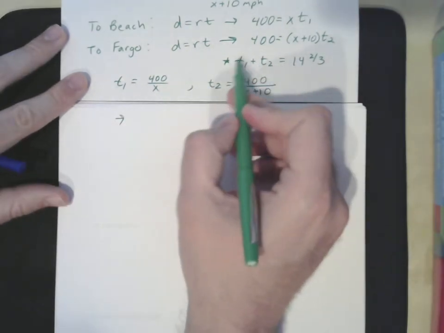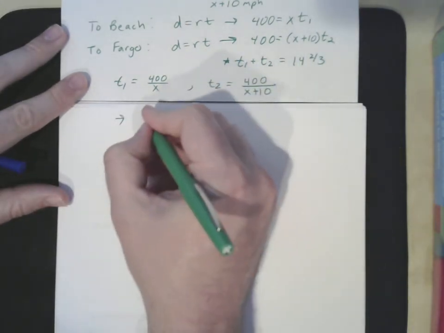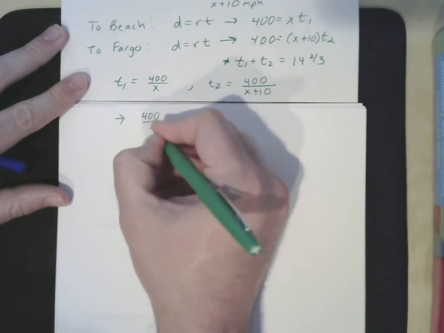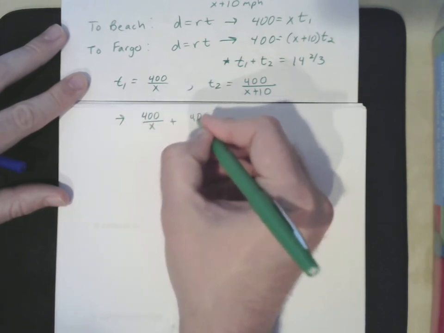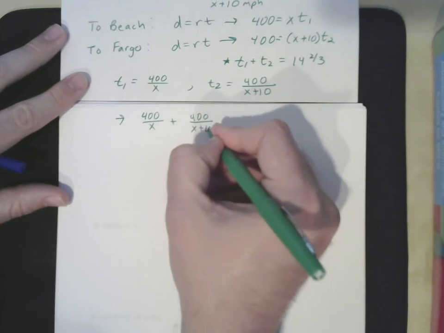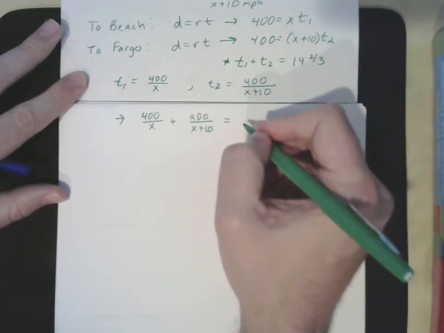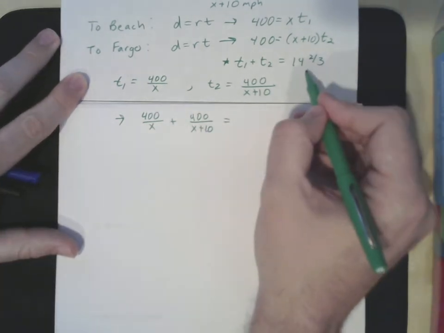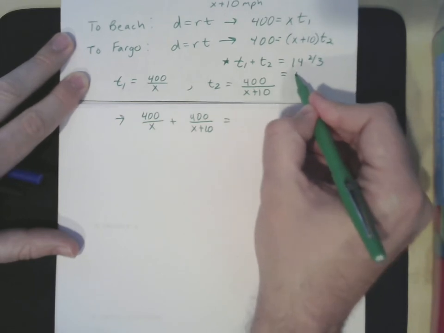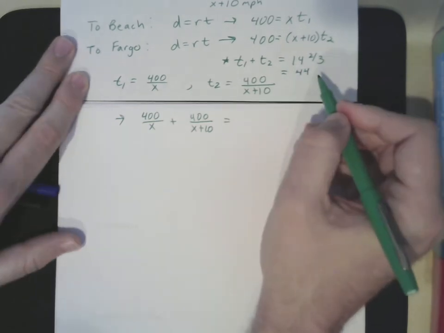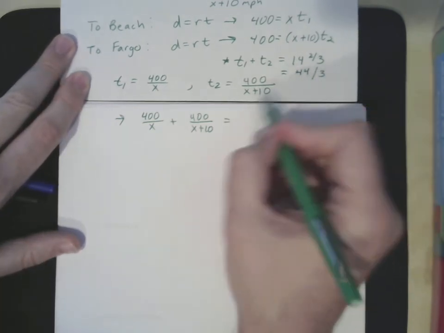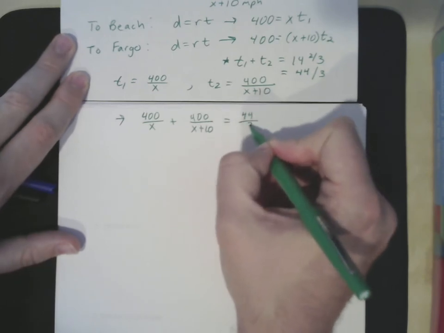And then we're going to substitute them into our start equation here: 400 over x plus 400 over x plus 10 equals 14 2/3, and 14 2/3 is 44 over 3. This is going to equal 44 over 3.